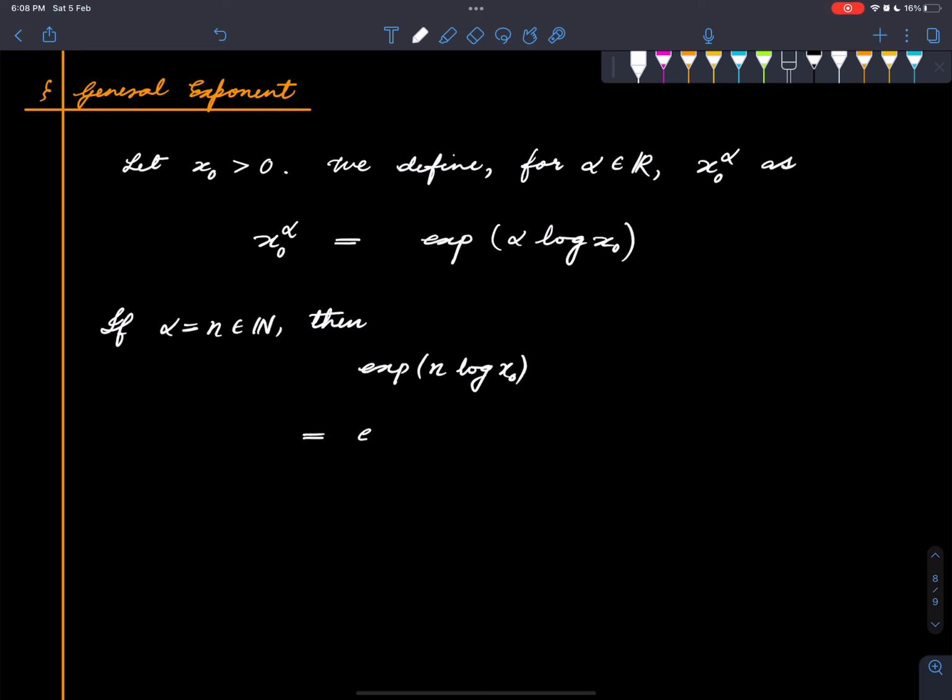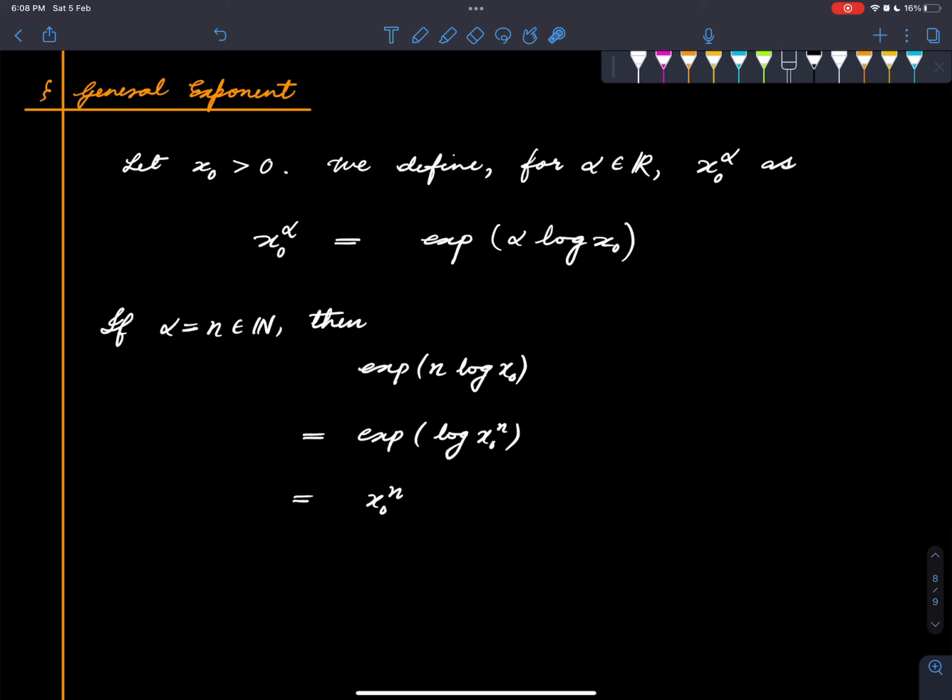This is exp of log x naught to the power n, which is x naught to the power n. So here x naught to the power n means x naught multiplied with itself n times. So this is what motivates the definition of this. We want to just generalize.